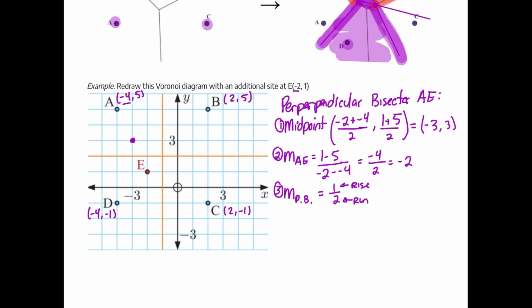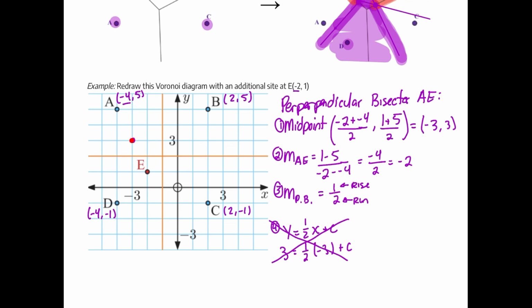Now, if I had to find the full equation of the perpendicular bisector, then my fourth step would be to replace the slope and a point, the midpoint, into this equation in order to find my y-intercept. However, this question is simply asking us to draw the Voronoi diagram. So I'm going to omit this step for now because I can use the slope and the midpoint in order to graph my line.